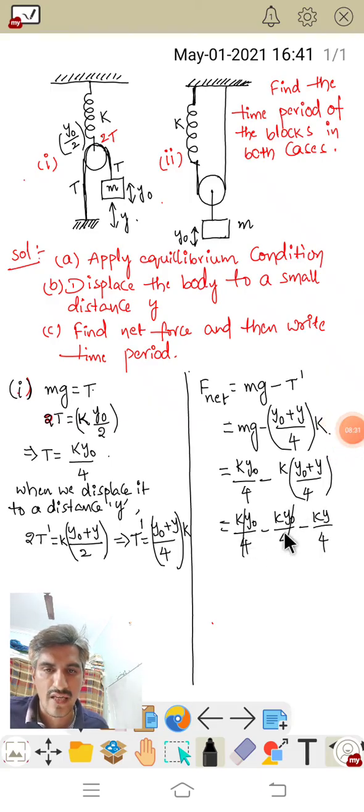Therefore, k y naught by 4 gets cancelled. What is F net here? F net is equal to minus k y by 4.